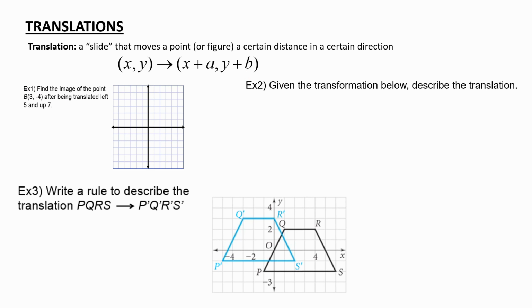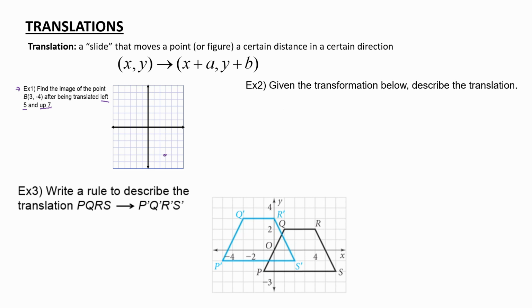All right, in our first example, here we have example 1. It says find the image of the point B, which is at (3, -4), after it's been translated left 5 and up 7. So if I'm going to go over from the origin here in the middle, I'm going to go over 1, 2, 3, and then down 1, 2, 3, 4.